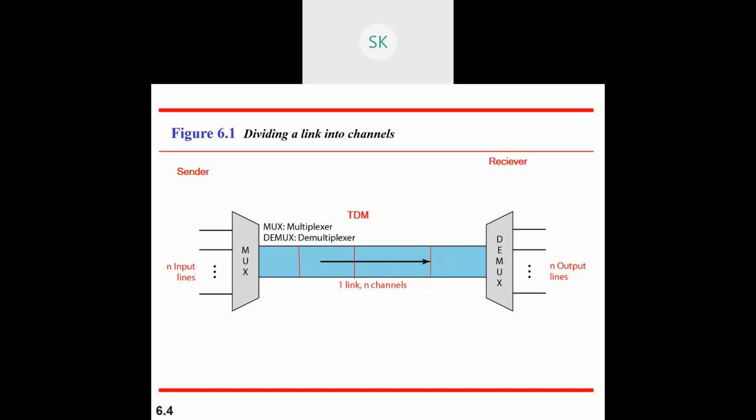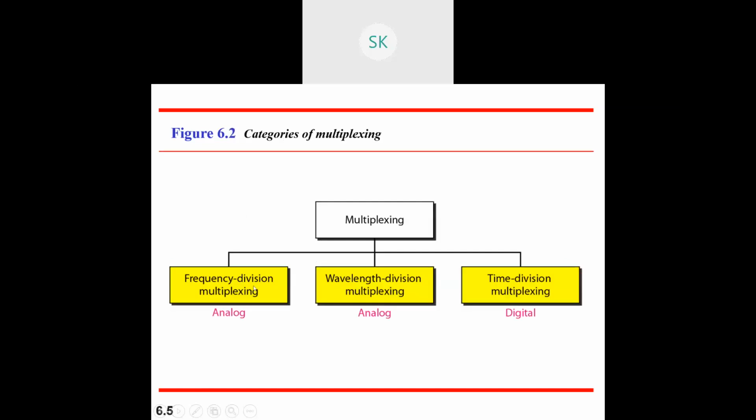Whereas with respect to digital signals, if your channel can accept the digital signals and the digital signals are transmitting, then you need to go with time division. There is no alternative. Digital, always fix it with time division. Analog, you fix it with frequency or wavelength division.